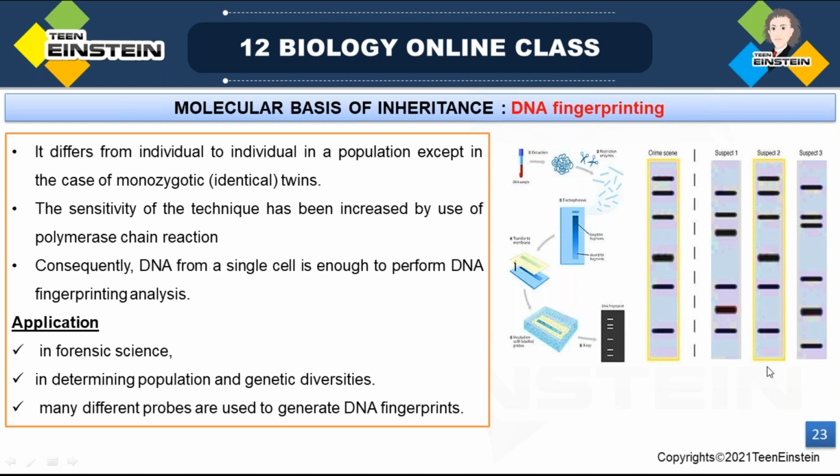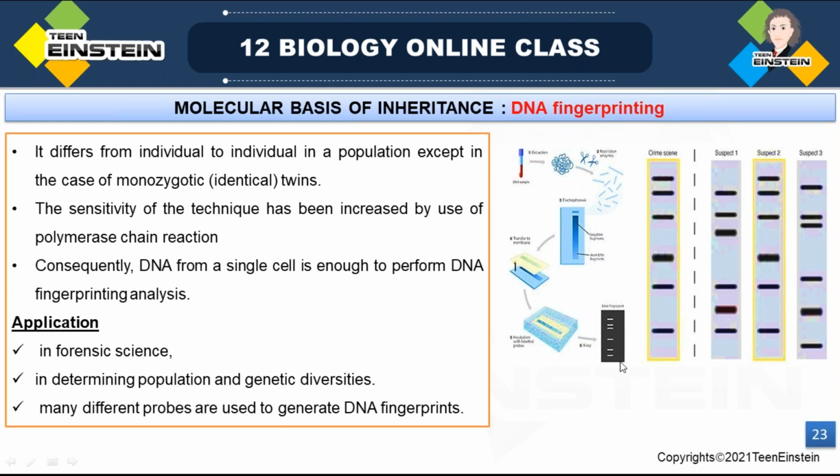Okay, suspect 1's profile, suspect 2's profile, and the third suspect's profile. So which one is matching more? Suspect 2. From the crime scene, the blood sample is collected and matched with suspect 1's blood sample, 2 and 3. But when the testing is done, it matches with suspect 2. So like that, we can do DNA profiling or fingerprinting.